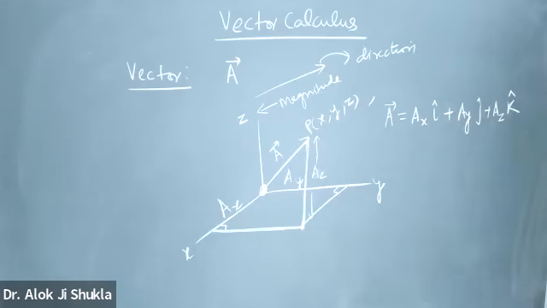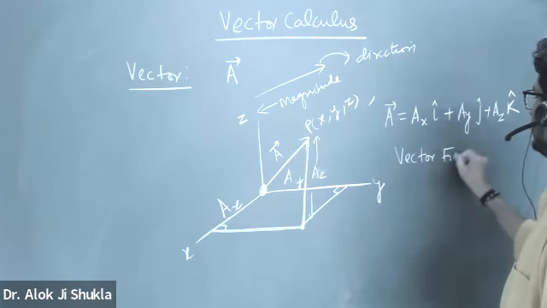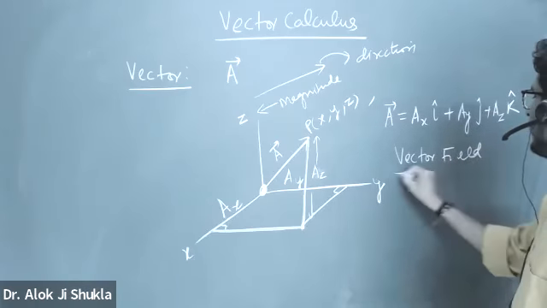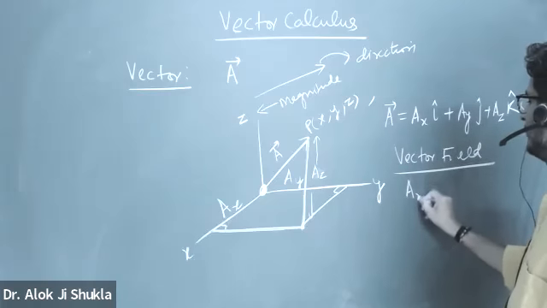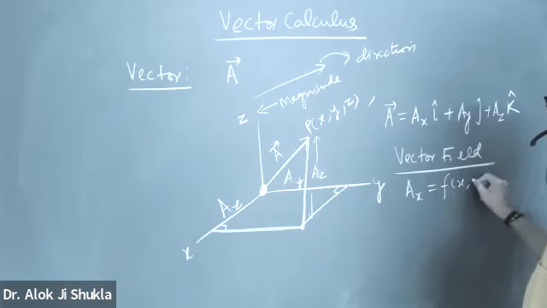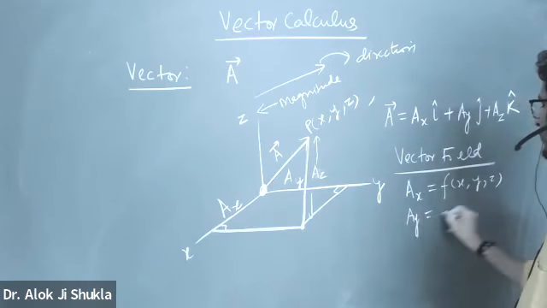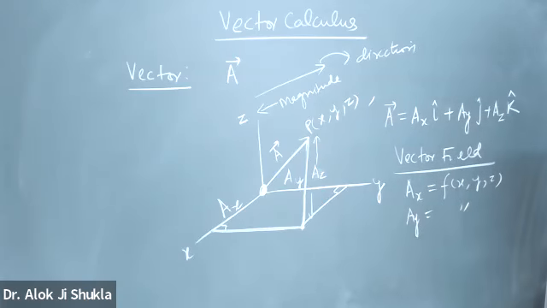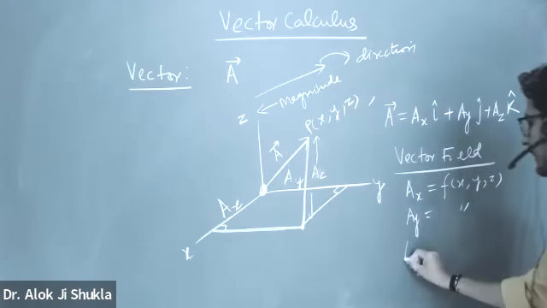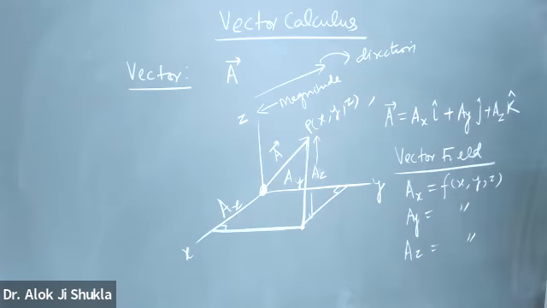If this represents a simple vector, ax, ay, az will be numbers. But in the case of a vector field, ax will be a function of xyz, ay will be a function of xyz, and az will be a function of xyz.